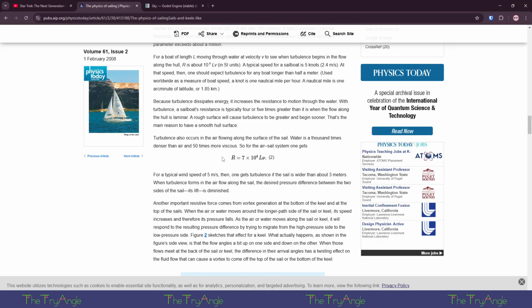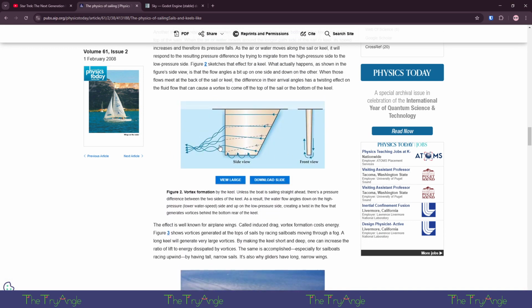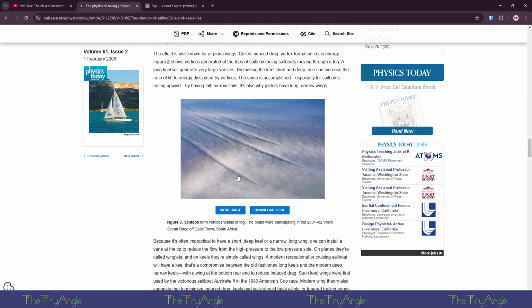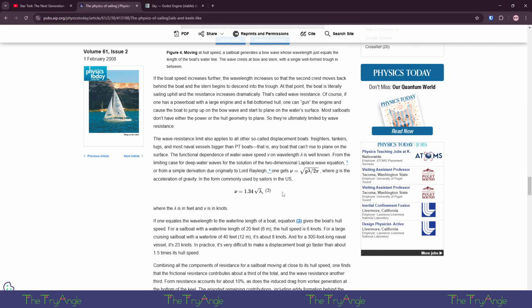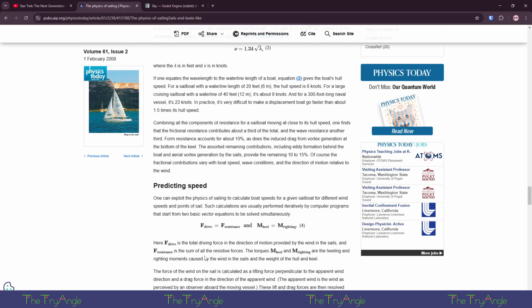Oh, yes, we're getting into it now. Oh, no. All right. Thanks, Lord Rayleigh. Wow, gee whiz, what? Lambda is in feet and V is in knots. Huh.